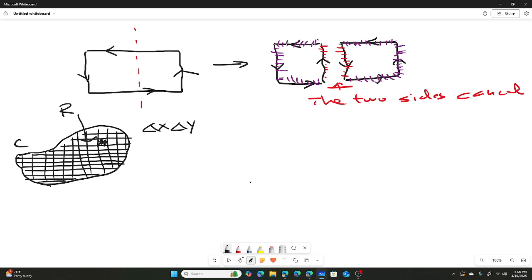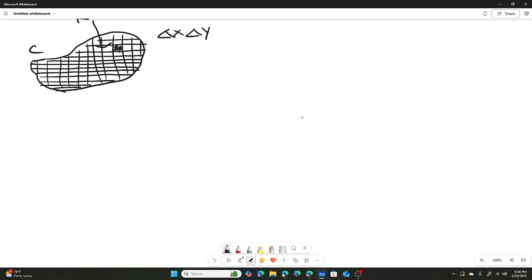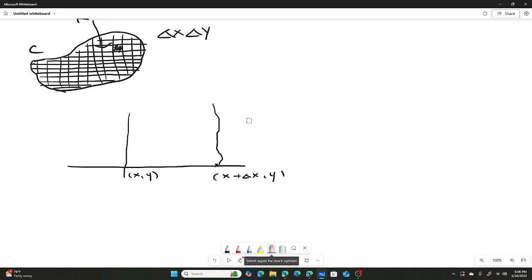So let's begin. Suppose that we are at the origin, and that this is x and y, and suppose that this region is going to be x plus delta x, y. Sorry about this. Right.